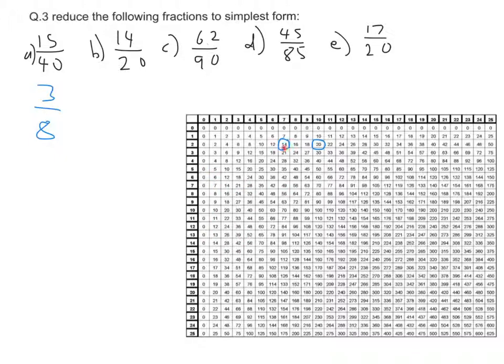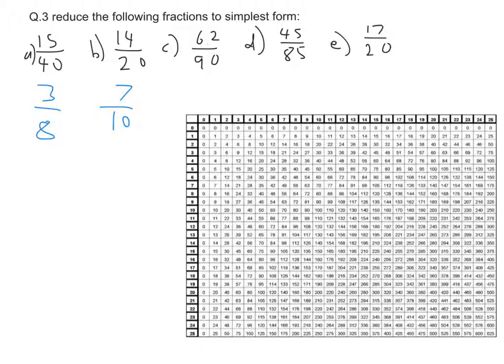So 14 divided by 2 is 7, 20 divided by 2 is 10. So we can go ahead and write that down. Your answer should be 7 over 10.